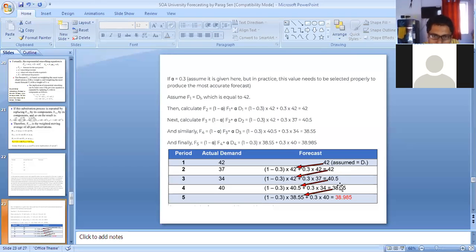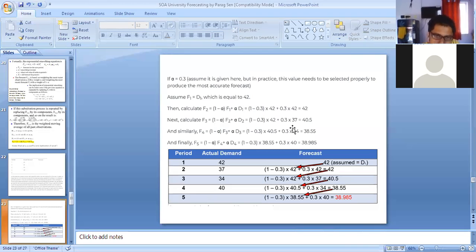Here also, this forecasted value you will be using to calculate the forecasted value for the fourth period. So there you can understand. Ultimately, for the fifth period, your forecasted value will come out to be 38.985.